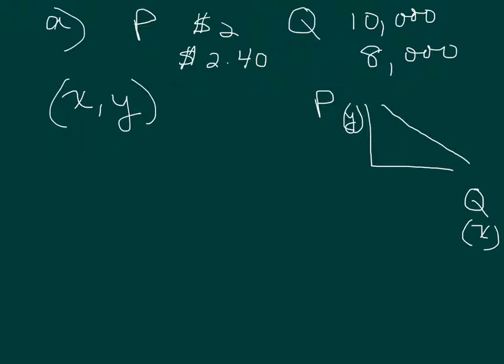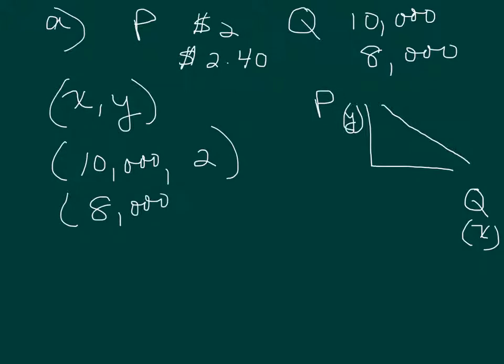Given that situation, now write coordinate pairs. So what do I have? I have 10,000 in the x position and $2 in the y position. Then I have 8,000 in the x position, and I have $2.40 in the y position. So we need to figure out the price equation.